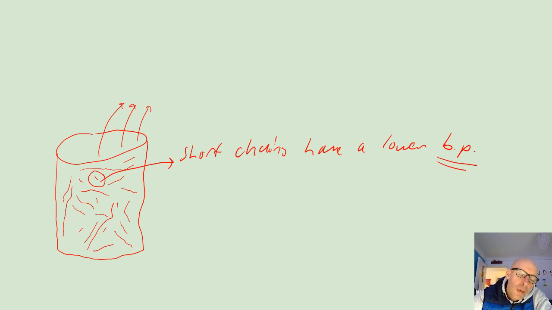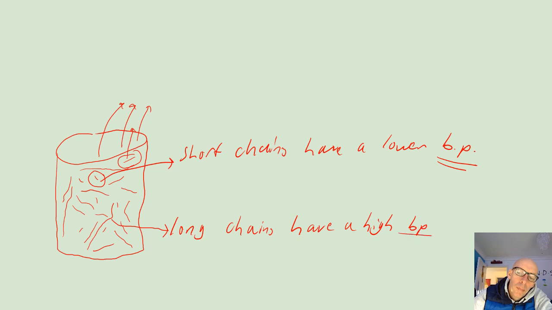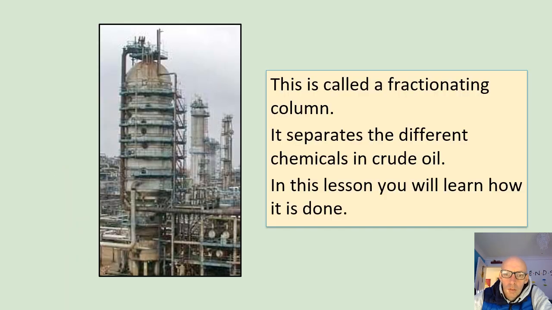If I then heated it up a bit more, then the next lot of chains would start to evaporate because it's at a higher temperature. So the important bits on this diagram, if you could probably draw it in a pencil neater than me, is that long chains have a high boiling point. Okay, so when you've got that down, then carry on. Until then, pause.